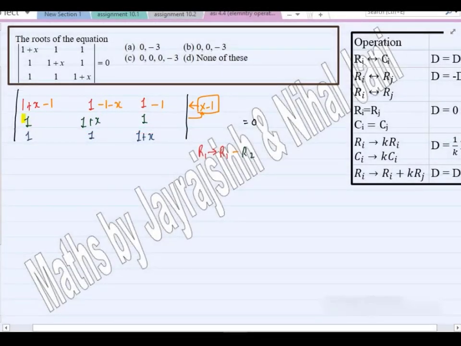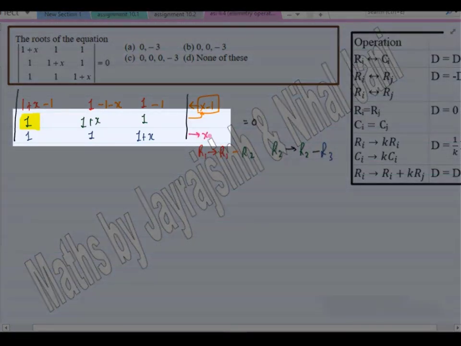Same thing we can do to get 0 over here. Let's take another operation of R2 gives R2 minus R3. That means let's multiply minus 1 to the third row and add into the second one.